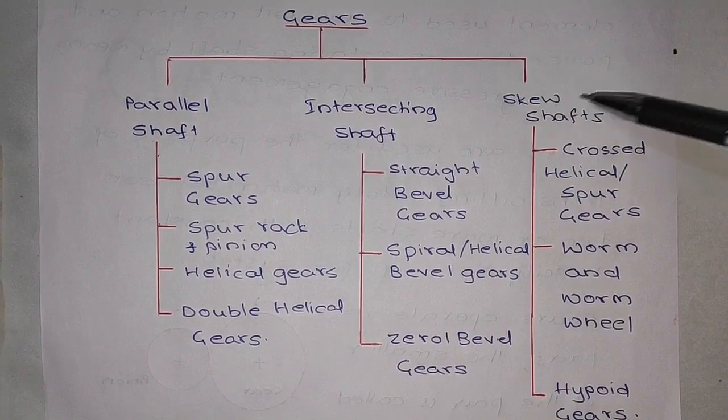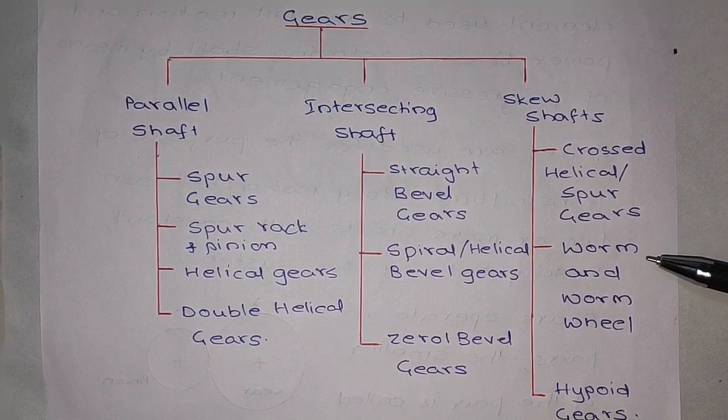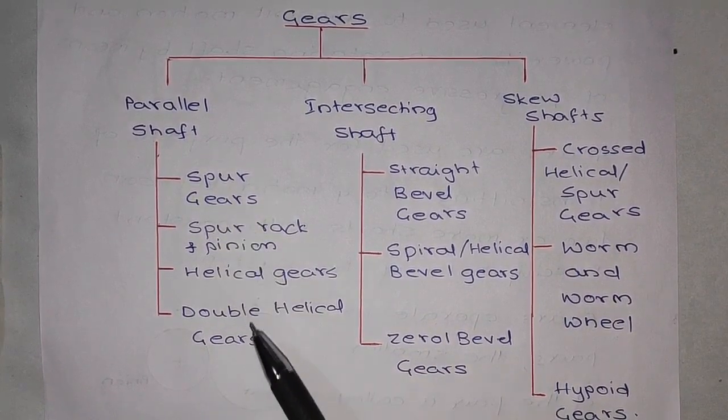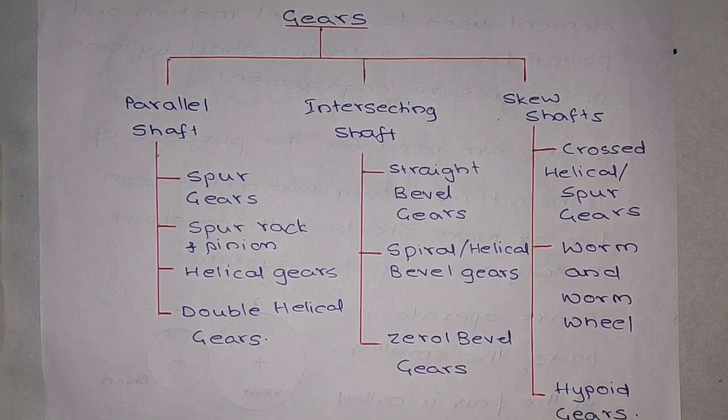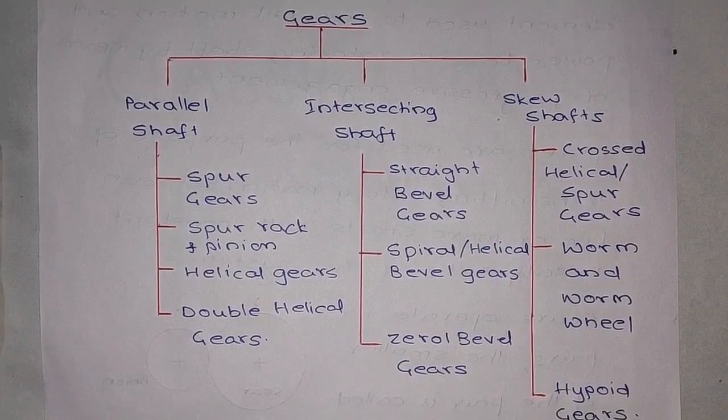Such shaft axes are called skew shafts. Here we have crossed helical or spur gears, worm and worm wheel, and hypoid gears. In this lecture we will be seeing one by one what these types of gears are. So friends, this is the general classification of gears according to the relative positions of their shaft axis.